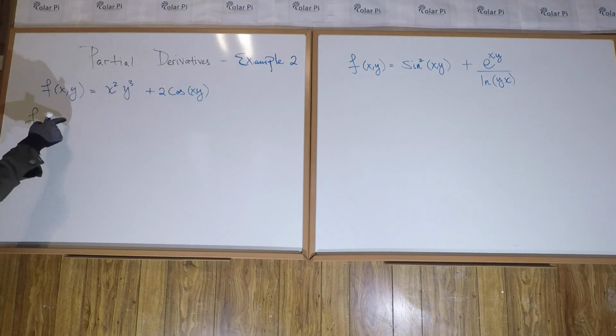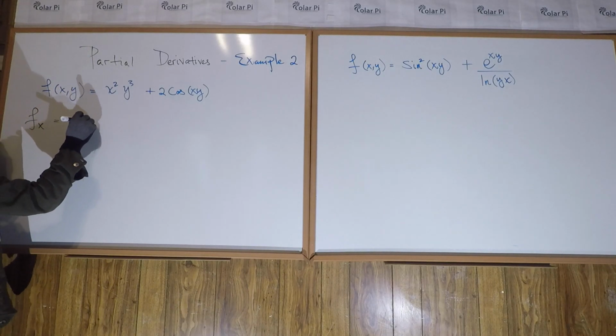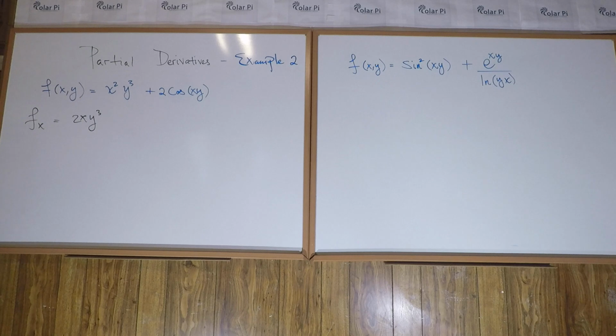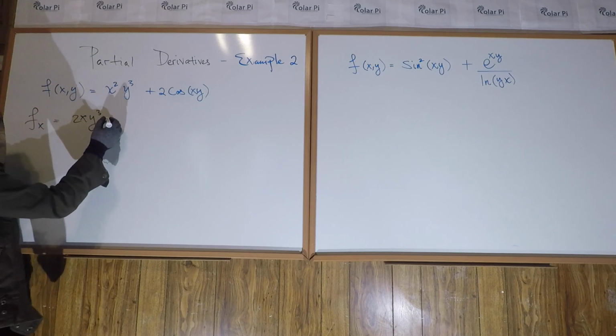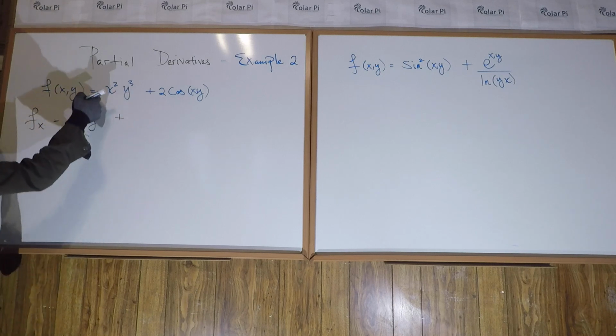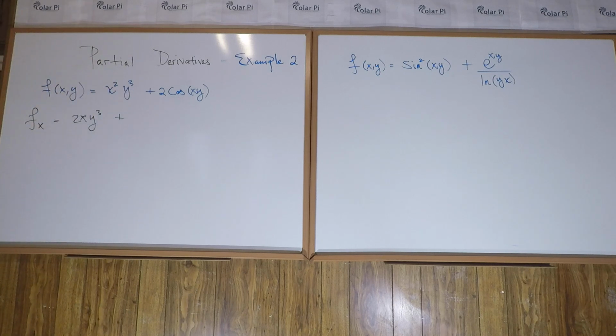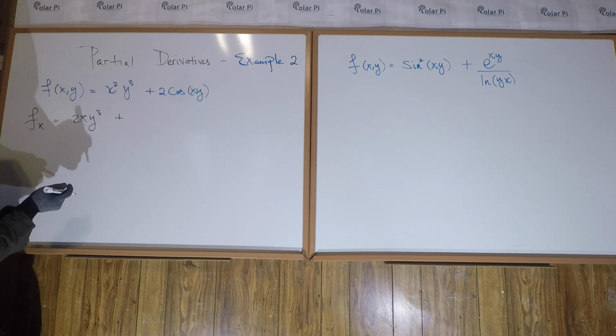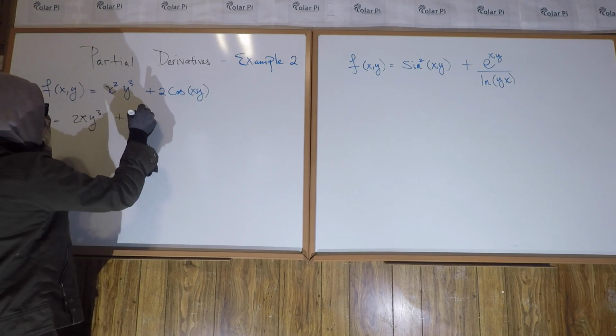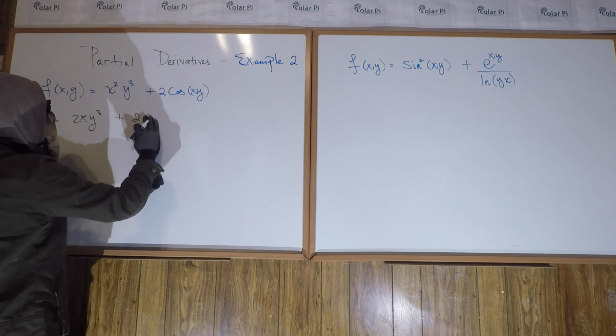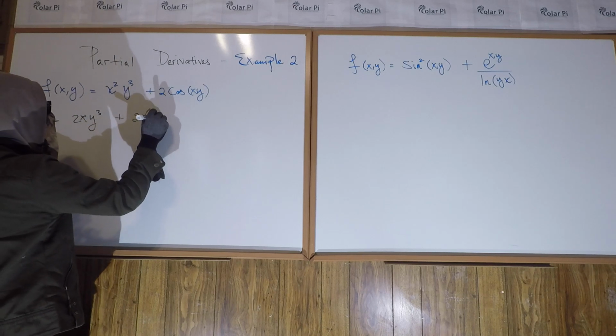So that means that we do 2x y cubed, right? Remember, y cubed is a constant because we're taking the partial with respect to x. And then plus, we're done with this term, right? And then plus, moving on to the second guy, well, we could leave out the constant 2, but then the derivative of cosine is negative sine.